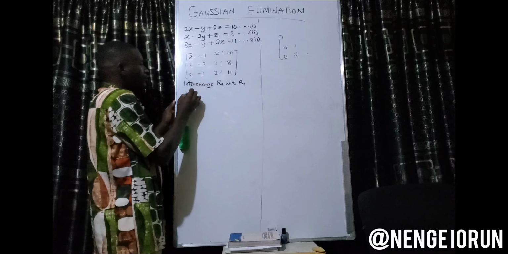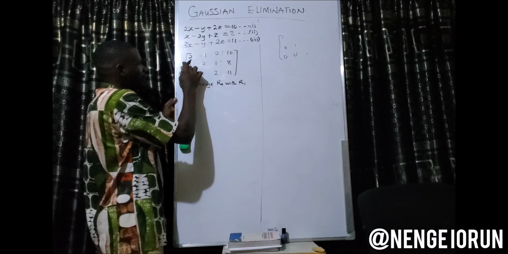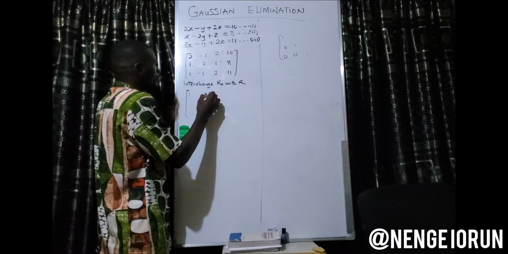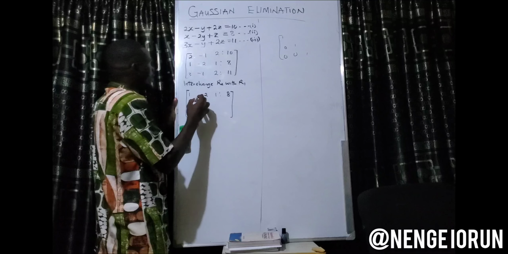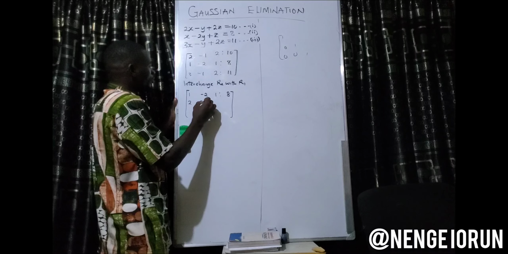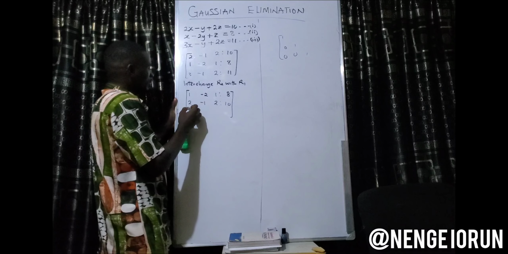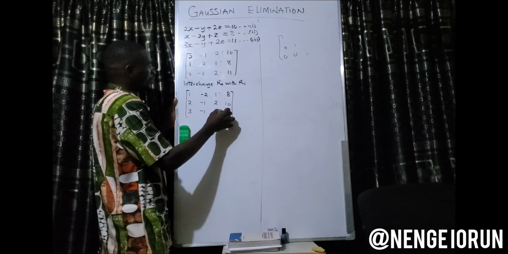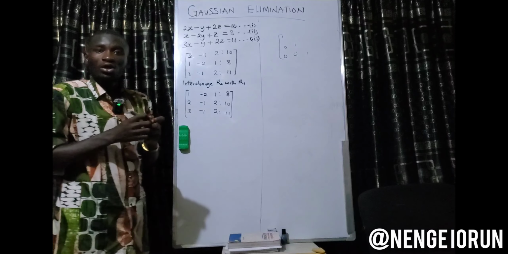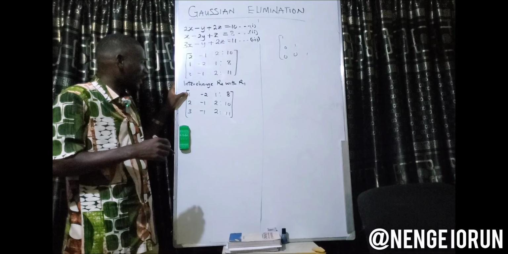If you do that, we have something of this nature. You have 1, -2, 1 | 8. You have 2, -1, 2 | 10. You have 3, -1, 2 | 11. So we have succeeded in getting 1 here.